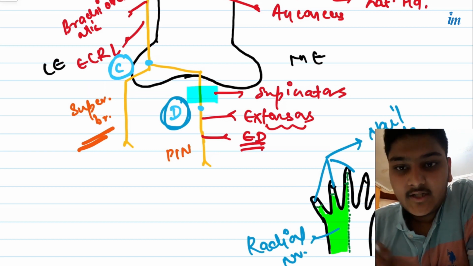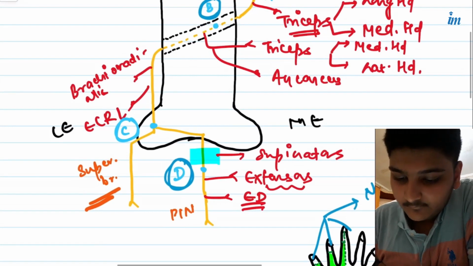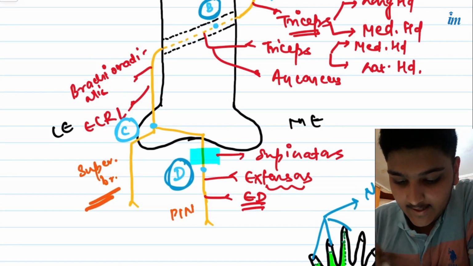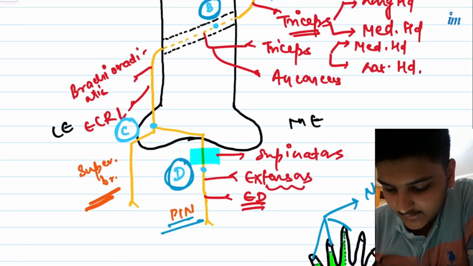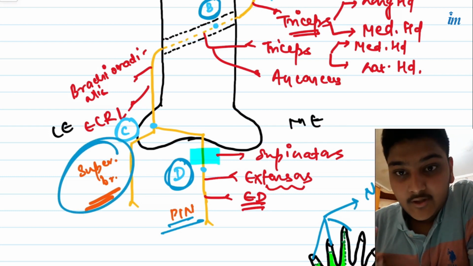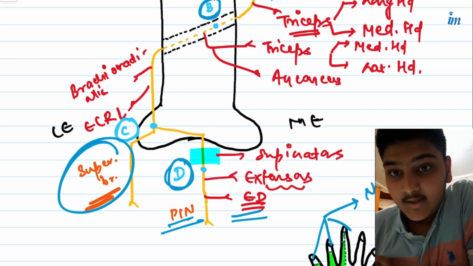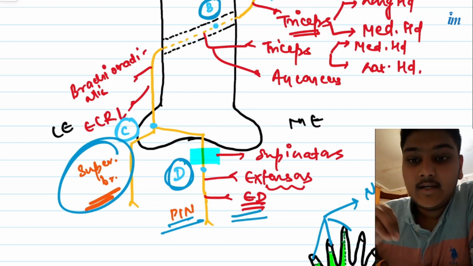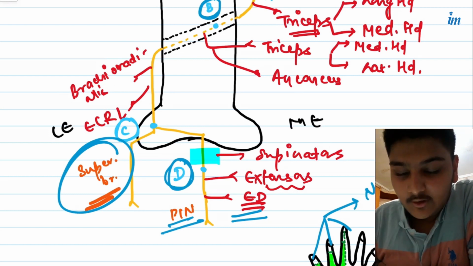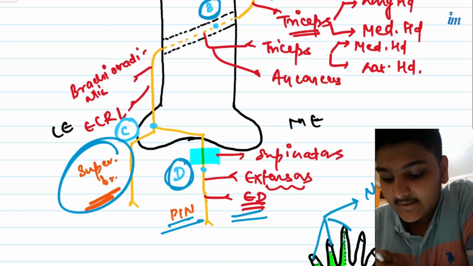Now at point D, why might injury occur at point D? Suppose there is fracture of the radial head. So what will happen in this case? You can see that all your nerves are spared except your posterior interosseous nerve. Even your superficial branch is spared. And the posterior interosseous nerve supplies extensor digitorum, therefore there will be nothing except finger drop. There will be no sensory loss, no wrist drop, or even weakness in the wrist region.